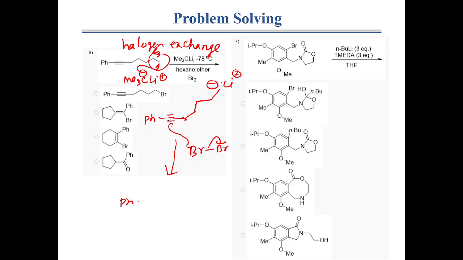It will give Ph double bond bromide plus, 1 2 3 4, lithium.